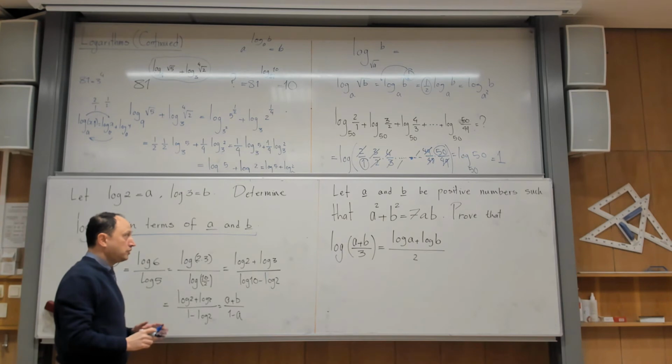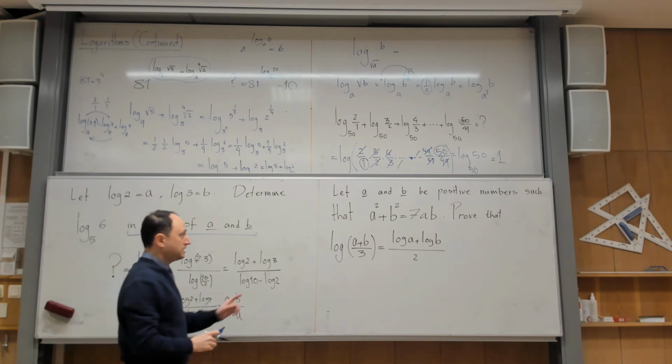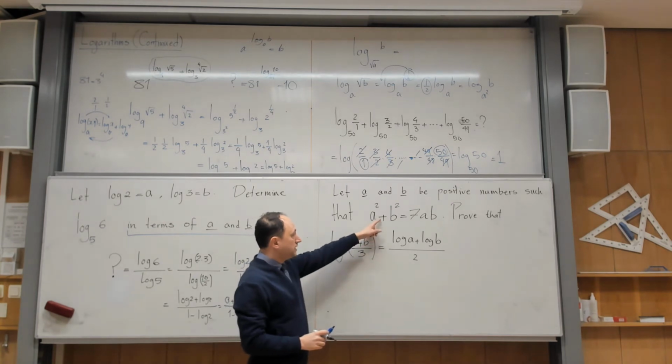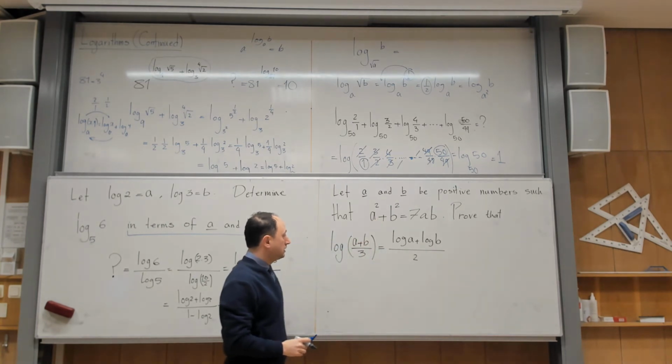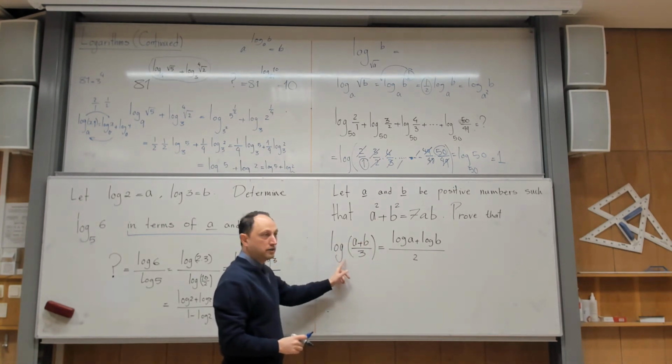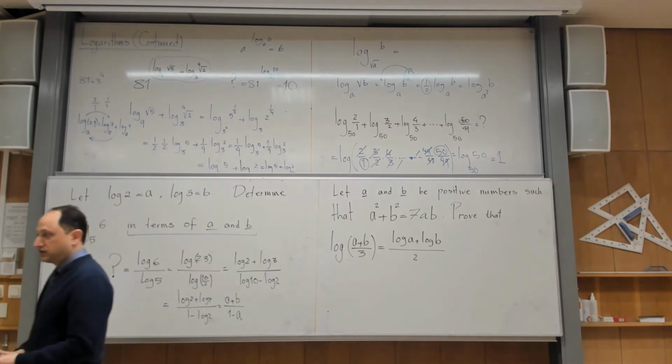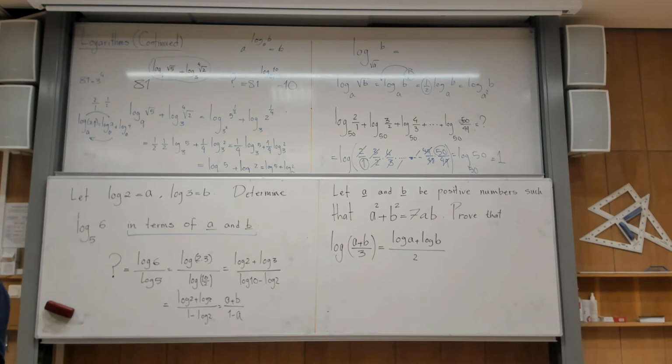So we have two positive numbers that satisfy this relation. We want to show that if they satisfy this relation, they will also satisfy this relation. Yes? I just want to see how you think about the problem.